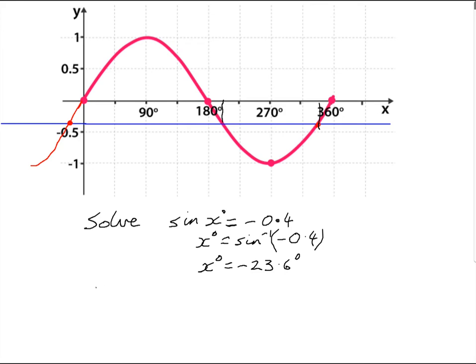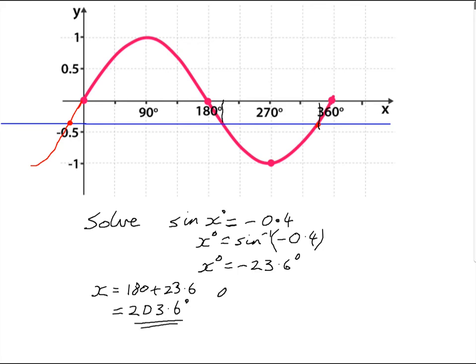So this 23.6 becomes the bit that we adjust by. So our answers are either going to be 180 plus that 23.6, because we have to go past the 180 to get to this point here. So 180 plus 23.6, so 203.6 degrees.